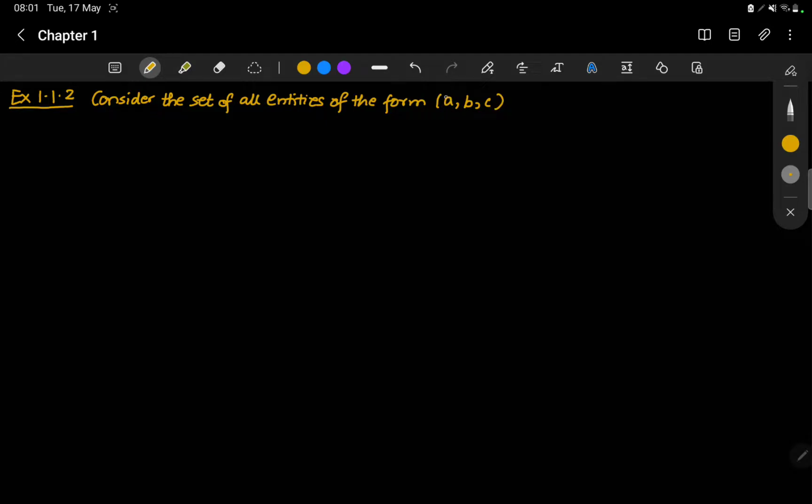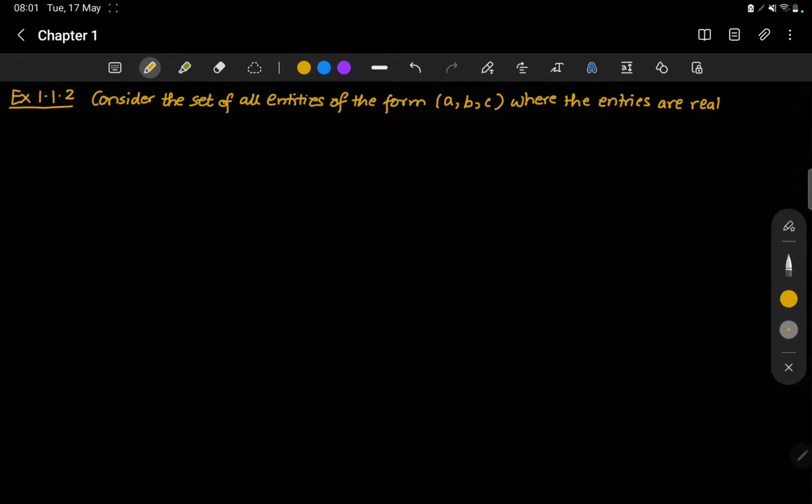So we have three numbers A, B, C in this format, where the entries, meaning A, B and C, are real numbers.